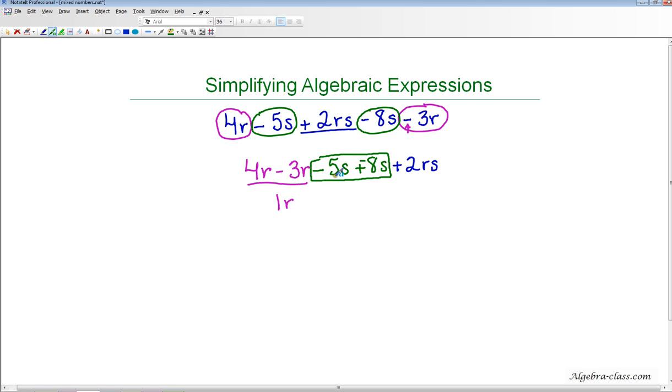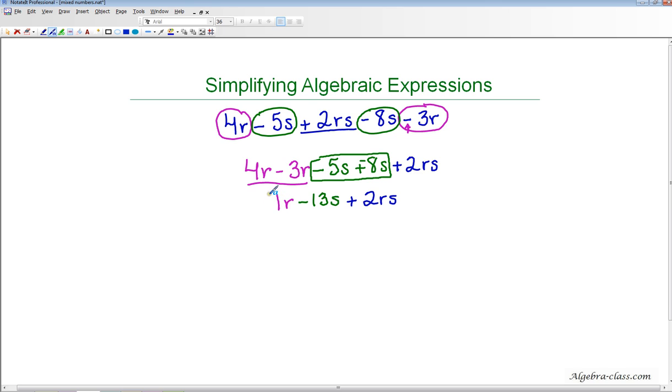And that would give me a negative 13s, which I'm going to write as minus 13s. So if your answer is negative, you can write it as minus 13s. And then I'm just going to keep the 2rs because it does not have any like terms. So this is my final answer.